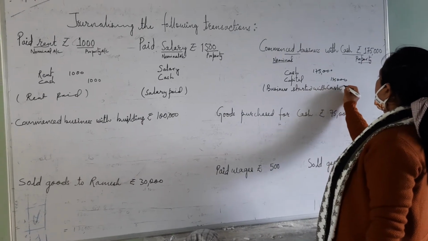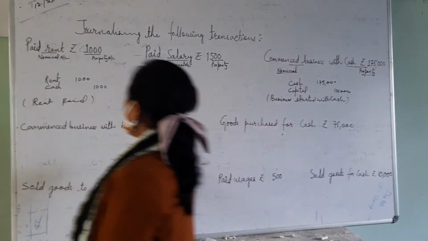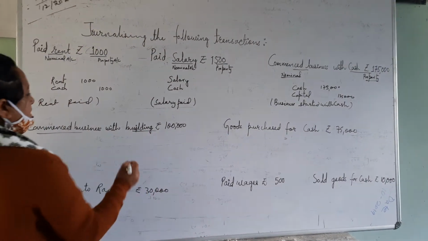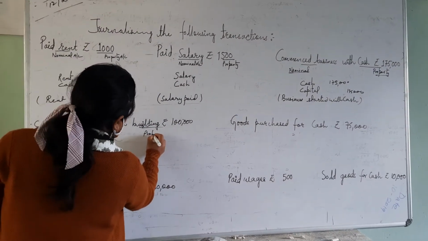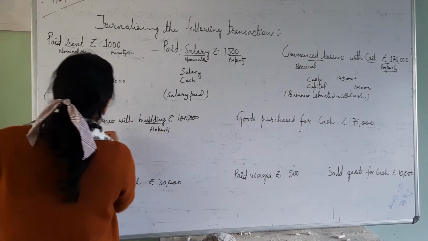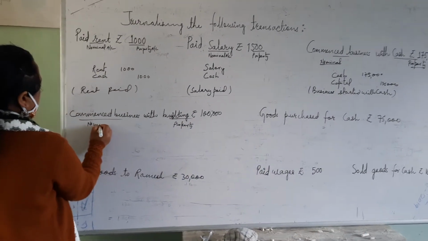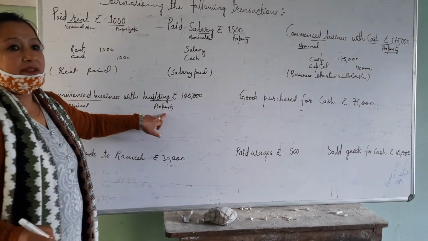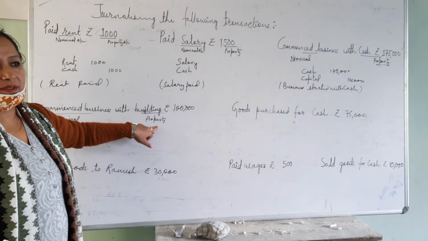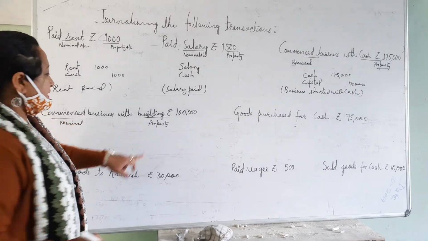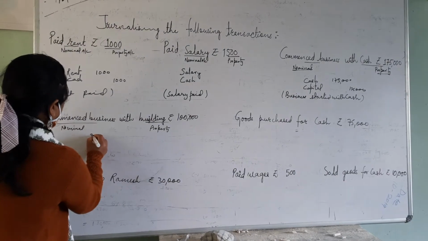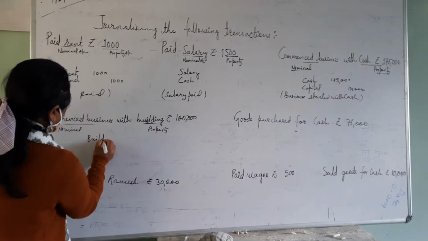And here same thing, capital, and this is building, property. This is property rule, isn't it? And this one is nominal. So in the property, what do we write? Cash comes in or building comes in the business? Building comes in, isn't it? Debit what comes in. So we write building in the first line.